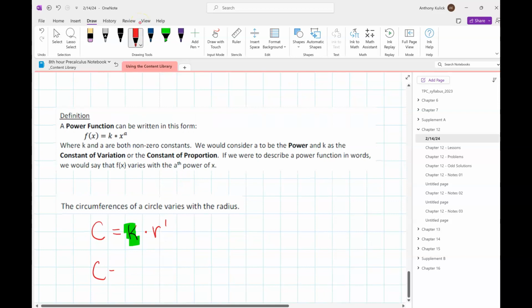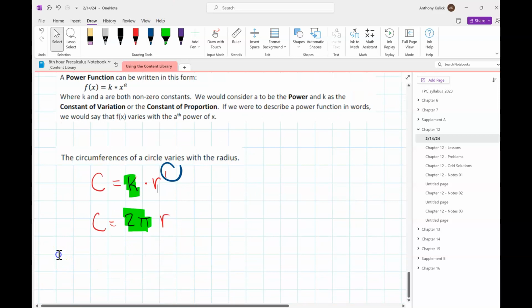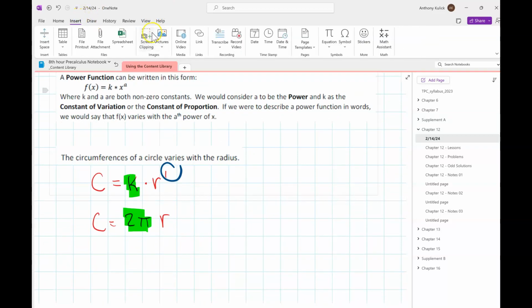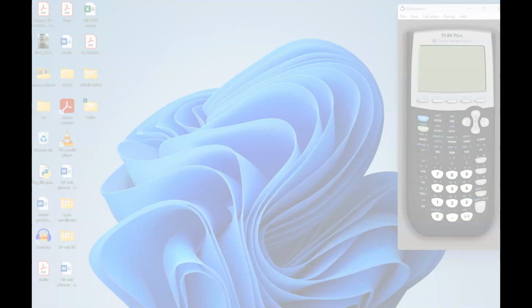If we're talking about the circumference of a circle. What's that formula? 2 pi r. So really my K, my constant of variation is 2 pi r, and my power would be 1, right? Let's do another. We doing okay with the words though?